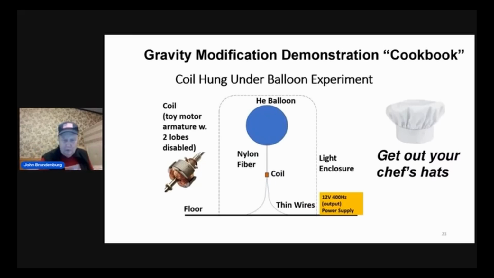And then we powered it, and this is crucial, at 400 hertz or above and at 12 volts or above output voltage from the amplifier. Take a nice electric guitar amplifier and power it at 400 hertz or above. There apparently were threshold effects.